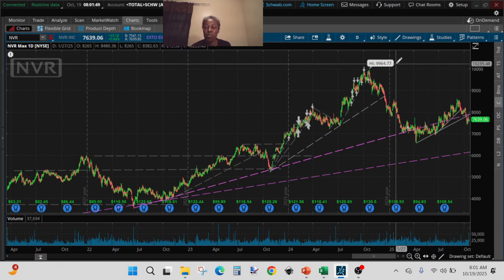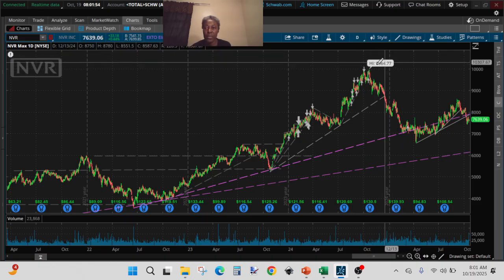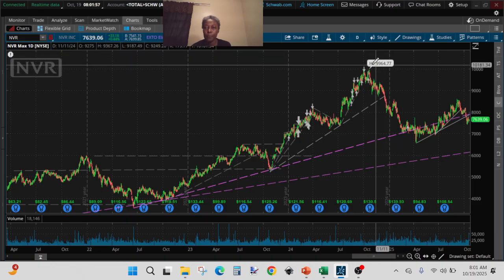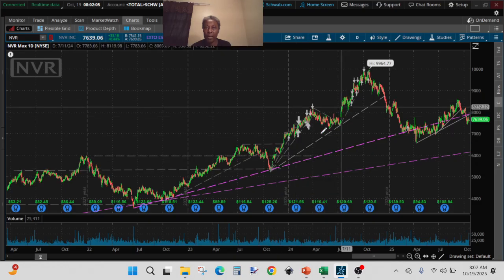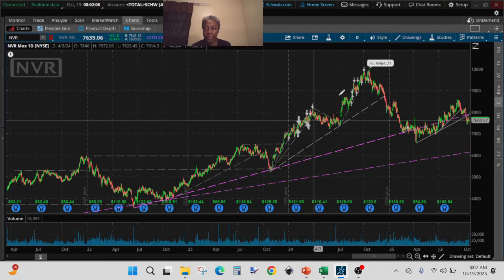And that specific price can be determined by using a ratio, taking the previous high price divided by the lowest price at that support line at the beginning of that cycle.